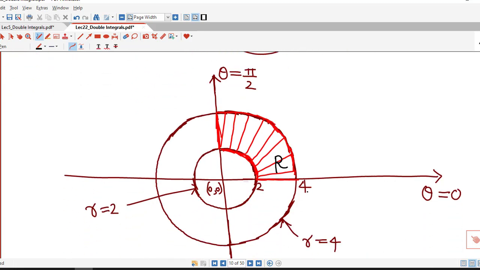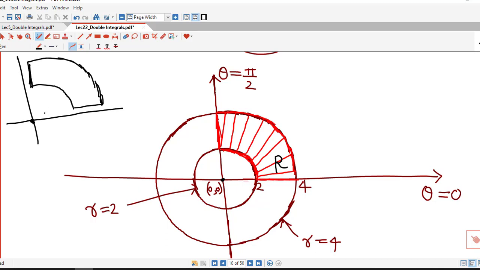To determine the limits of r, we will imagine a ray starting from the origin and passing through the region of integration. Our region looks like this. It is the region in the first quadrant between two circles. It looks like this, and suppose this is the origin.